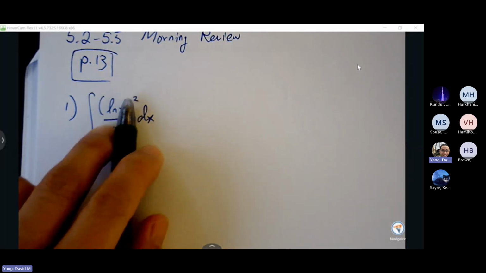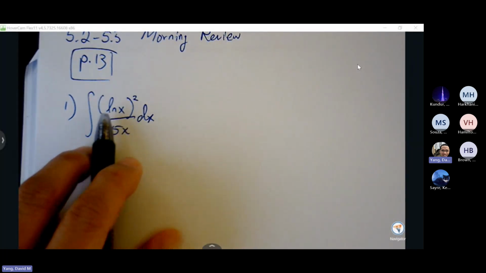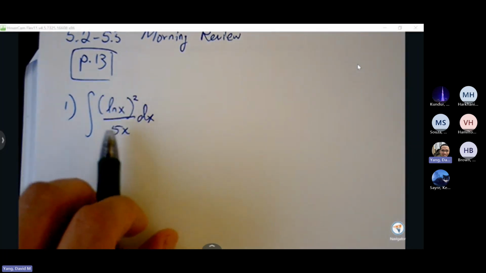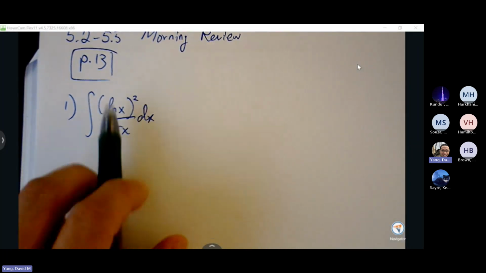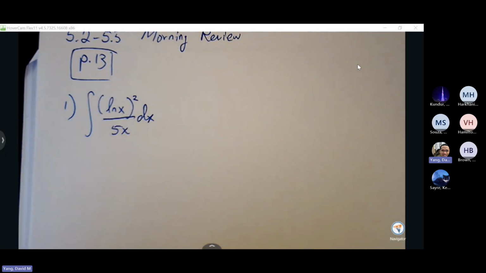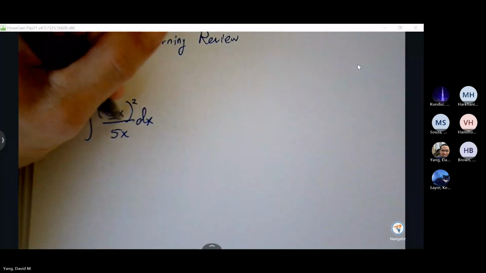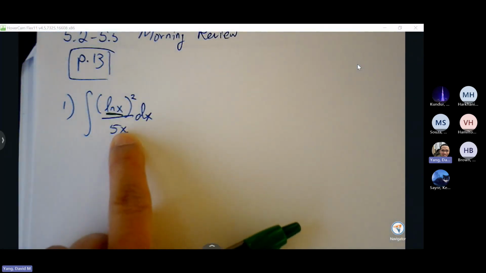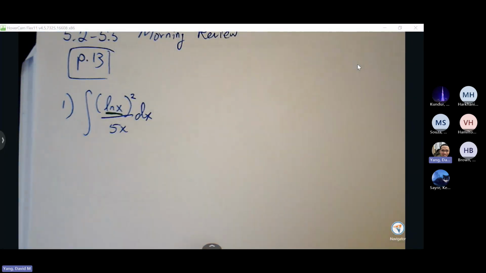We don't want to let that squared be part of the u value, because if we do, then it'll produce a whole chain rule, and we know that there's nothing here that will match the chain rule that's going to come out of this. So just natural log of x, and we're hoping that will take care of the x, right? The 5's not an issue. It's the x that we really have to be looking out for.